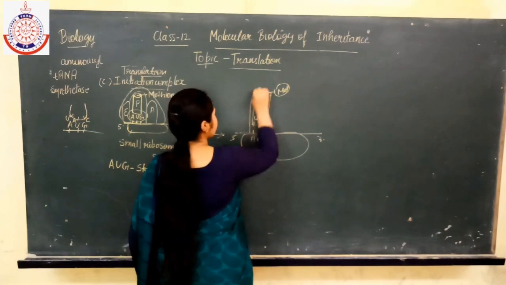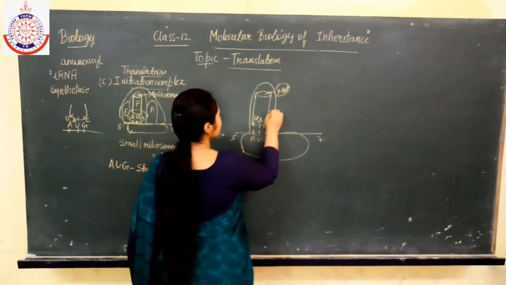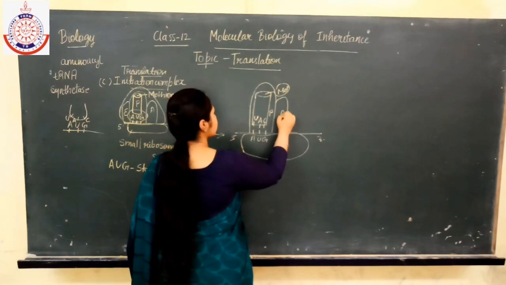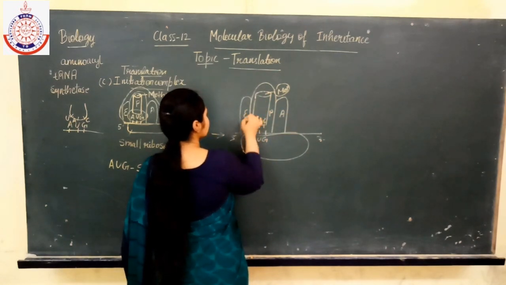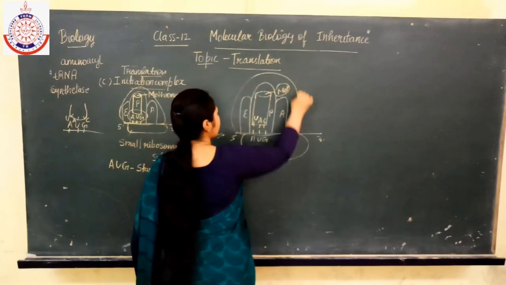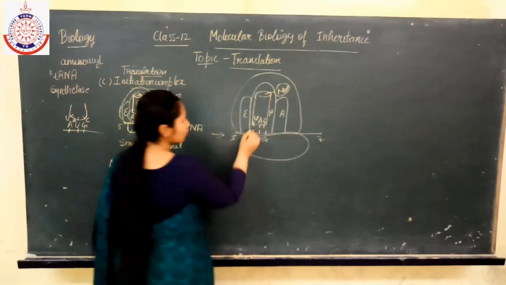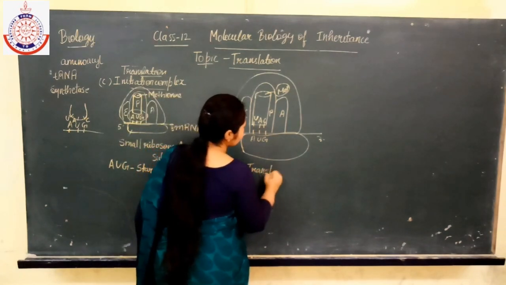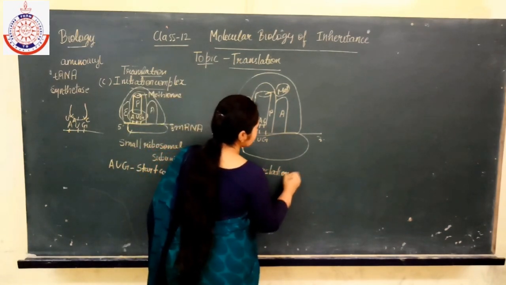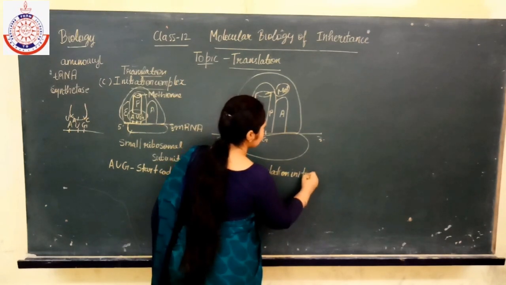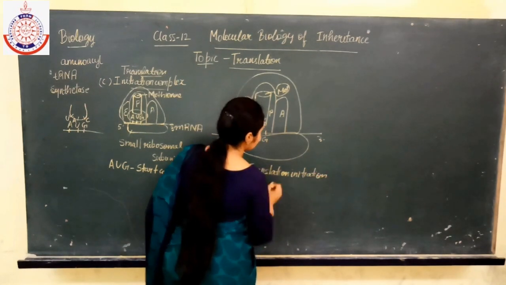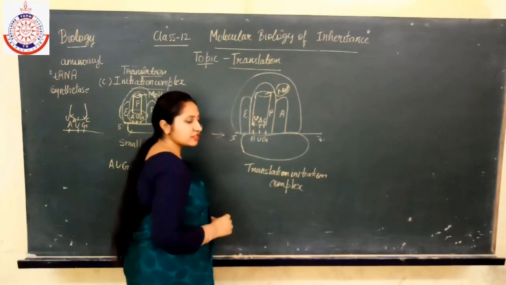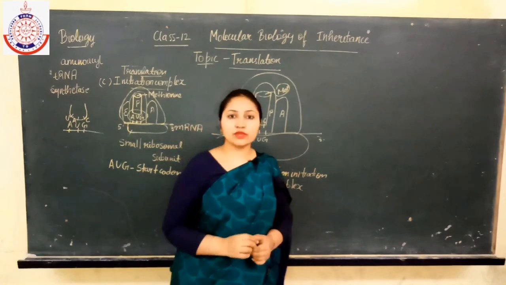Now this tRNA binds with the P site of the large subunit, and the A site and E site are also present under the large subunit. So it forms the translation initiation complex. In this manner, the translation initiation complex forms.